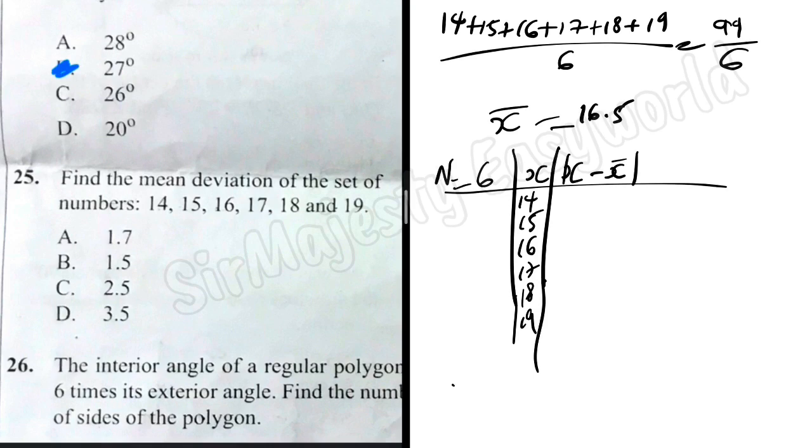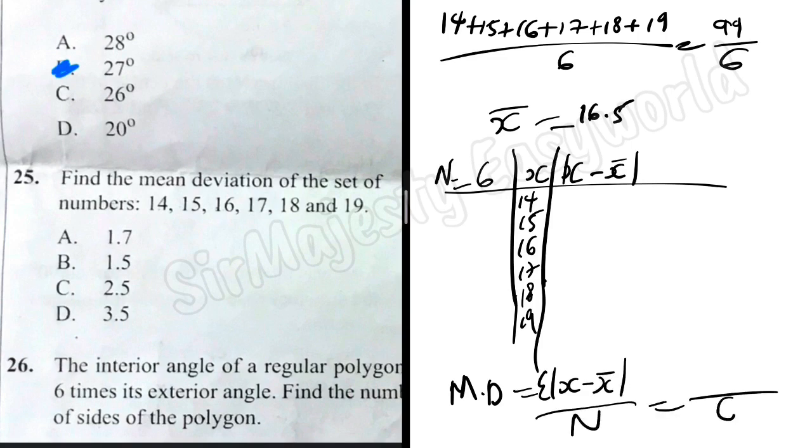So I need to use the formula for mean deviation, that's MD is equal to sigma modulus of x minus the mean, divided by n. We already know our n is 6. So let's find out sigma modulus of x minus the mean. Remember, sigma is a symbol meaning sum. So we need to start. 14 minus 16.5 will give us minus 2.5. 15 minus 16.5 will give us minus 1.5.